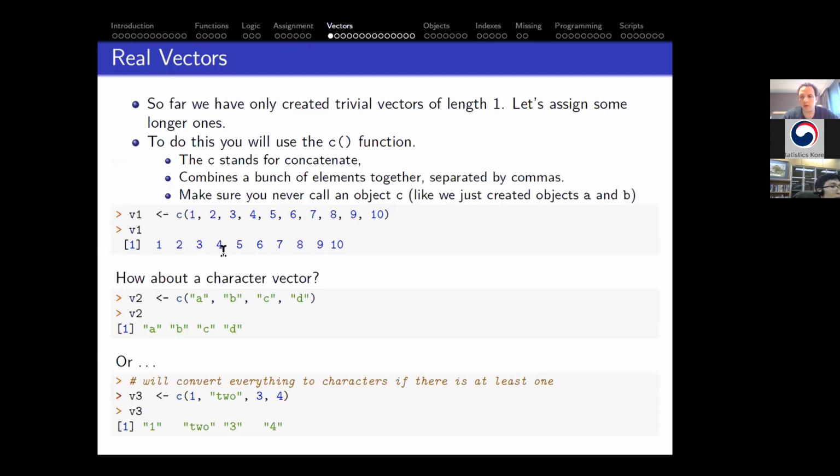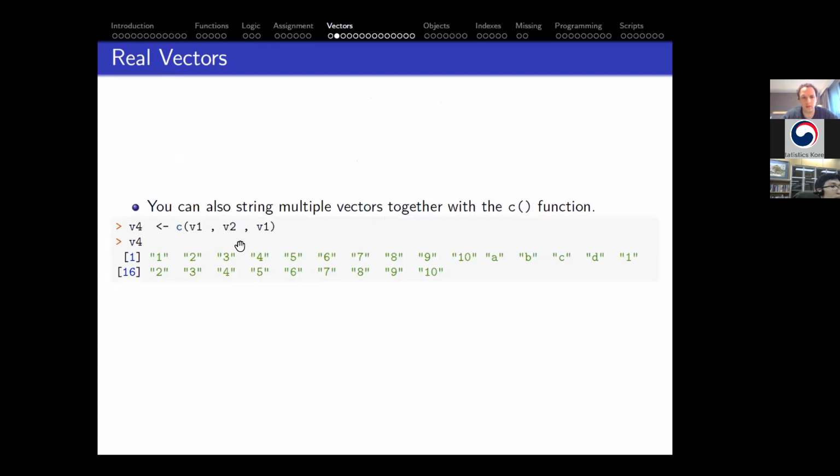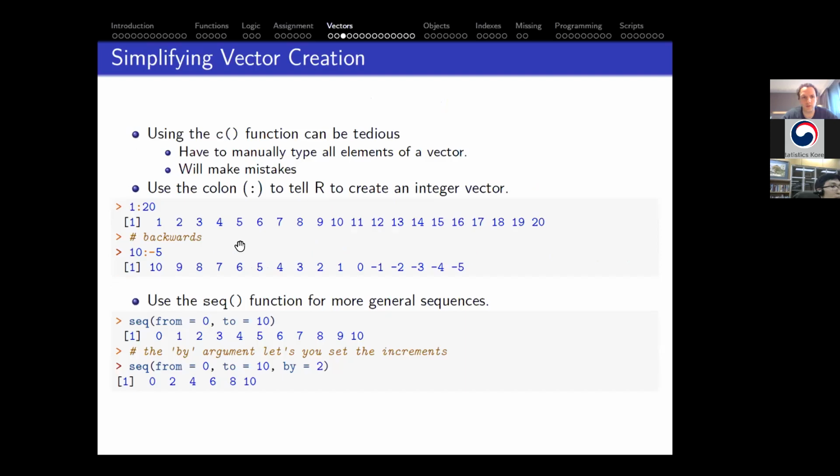Okay, and then the next part was talking about vectors. Here we're creating a vector using the concatenate function, the c function. One has some integers, and this one has some character strings. Then we're combining them in later vectors.